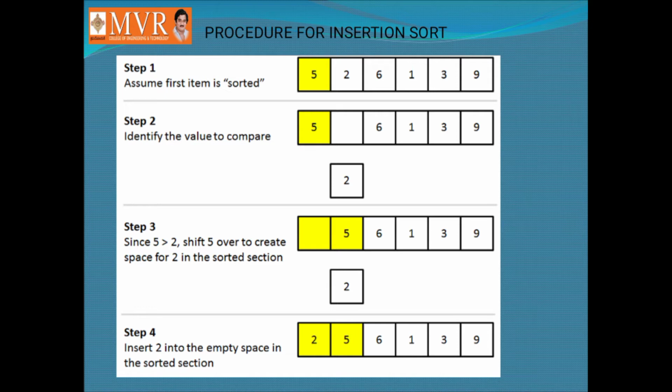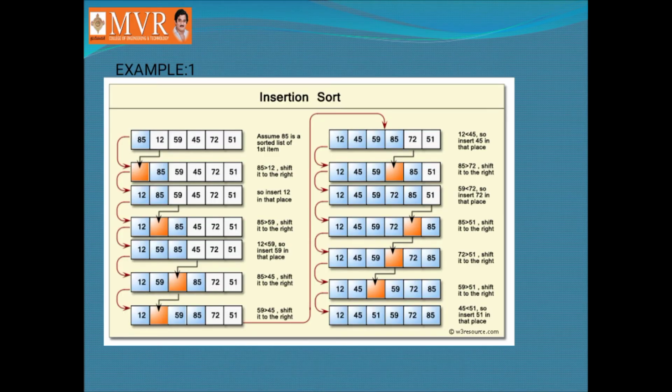This is the procedure for the insertion sort technique. This can be thought of as the descriptive algorithm for insertion sort. Now, here is an example for the insertion sort technique. In this example, I have a list of elements 85, 12, 59, 45, 72 and 51.